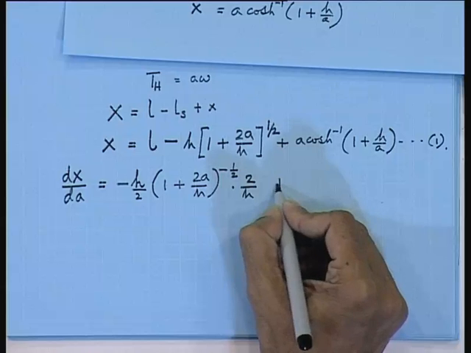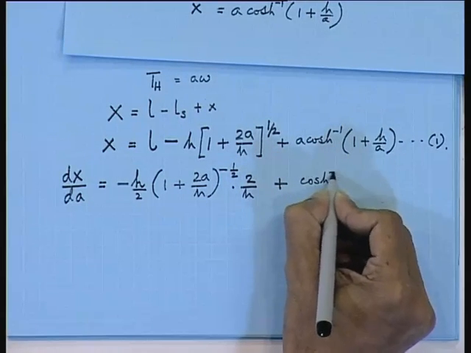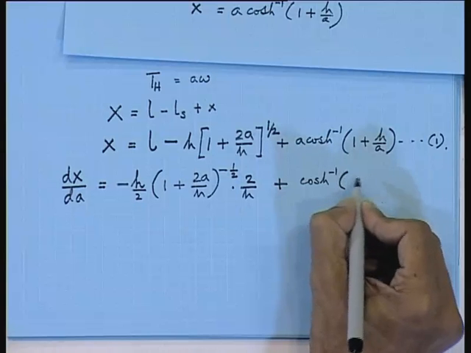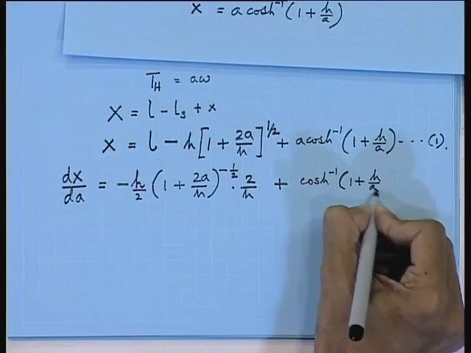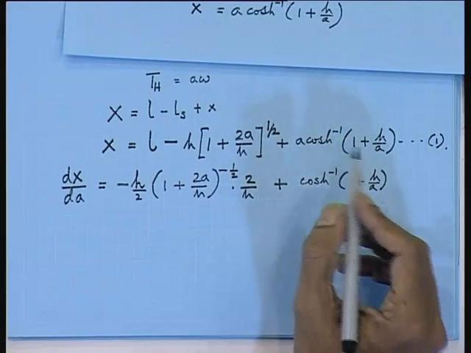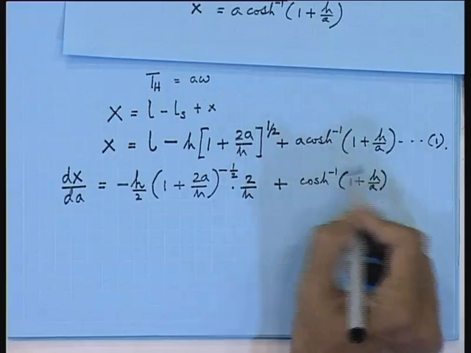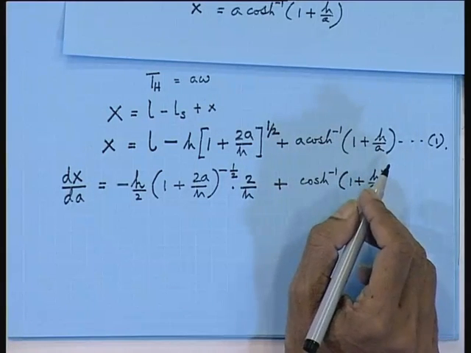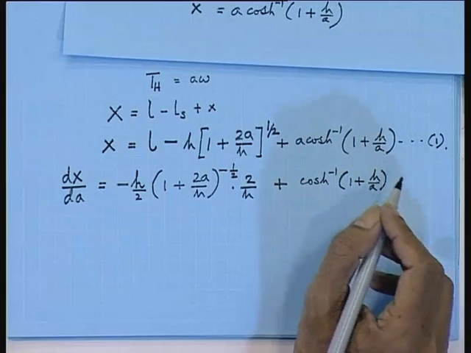So, this will be plus cos hyperbolic inverse of 1 plus H by A, differentiated only with A multiplied by this. Now, you keep A and differentiate cos hyperbolic inverse with respect to A.